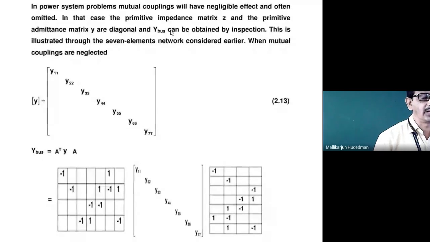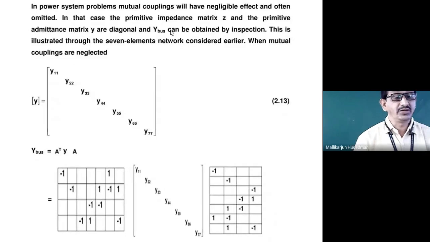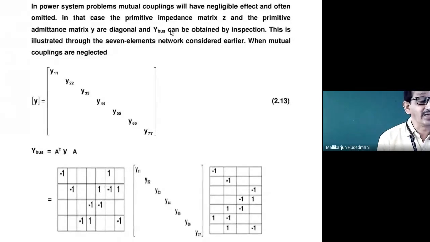I can simplify the product of the two matrices, Y primitive and the last matrix A, and take the product of that with the leftmost matrix, A transpose. The first matrix A transpose is 4 cross 7, the central matrix is 7 cross 7, and the last matrix is 7 cross 4.